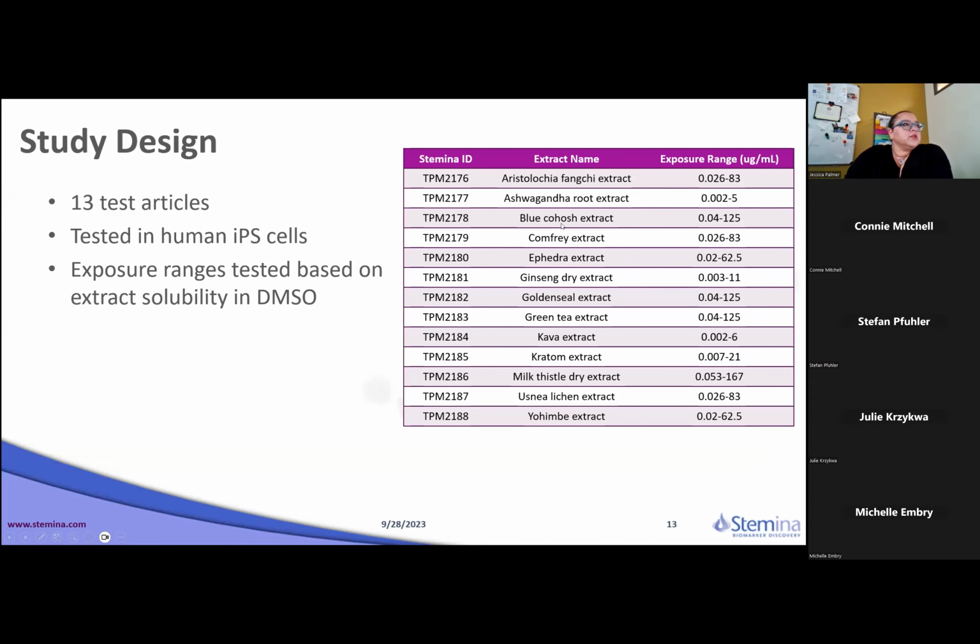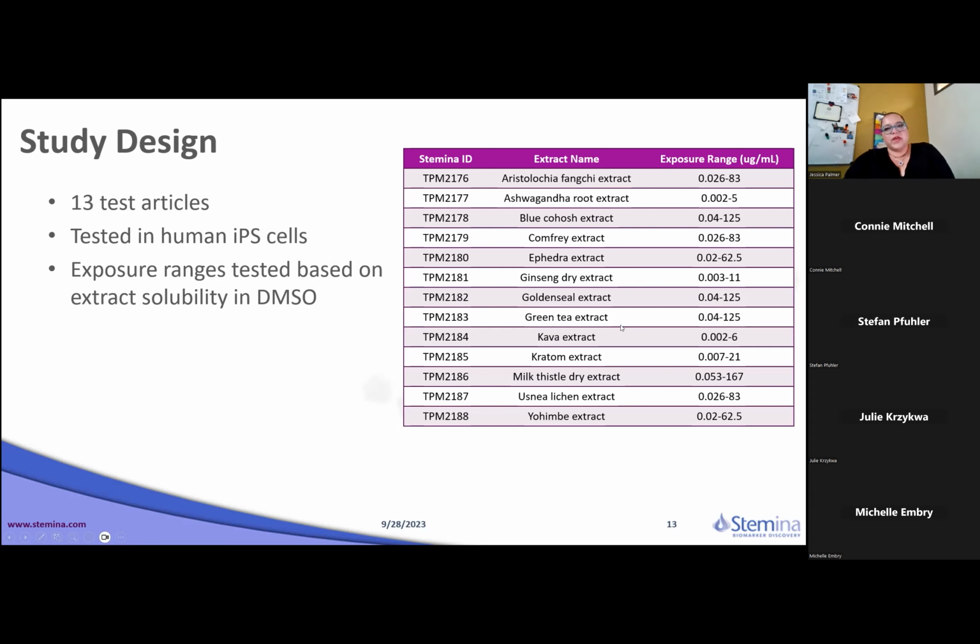So for this study, we looked at the 13 extracts that were provided by the Botanical Safety Consortium, and we tested them using the human iPS cells, looking at a 48-hour exposure range. And we were limited on our concentration range by the solubility of these extracts in DMSO. So the way that everything is done is we first create a DMSO solution at 1,000 times what our concentration is going to be in the cell culture media, because we can only use up to a 0.1% DMSO concentration in the media for treatments.